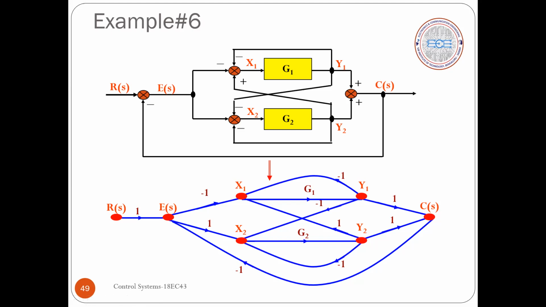Else you can have a separate node and continue as such. The analysis of the signal flow graph will not change. The signal flow graph appearance may change because we are introducing one more node. You will get one more node here, and again you will be branching from that node. So here and there you can have some simplification while transferring the given block diagram to a signal flow graph.